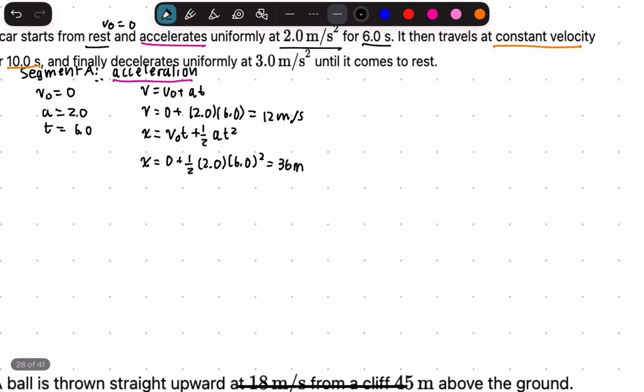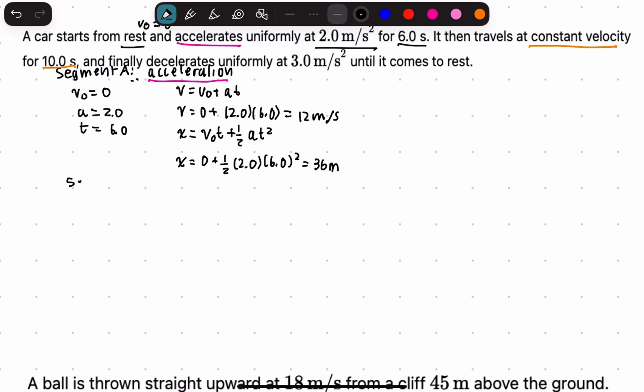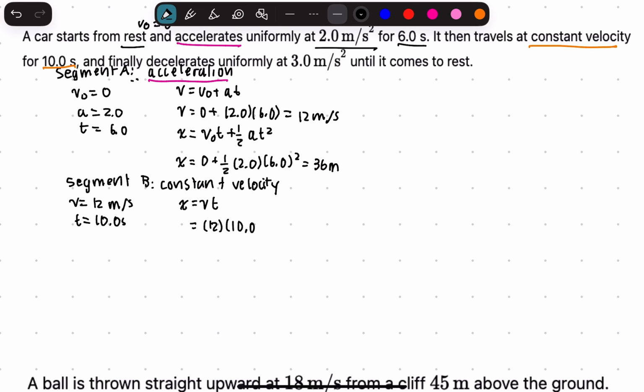For constant velocity, this is going to be segment B. We have that v is equal to 12 meters per second, and the time interval is 10 seconds that this occurs for. So we can use the formula that x is equal to the velocity times time, and plugging in our values, we have 12 times 10.0, and that's going to give us 120 meters.